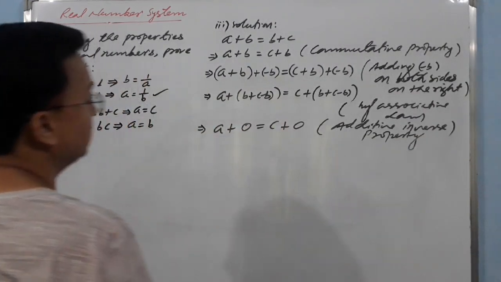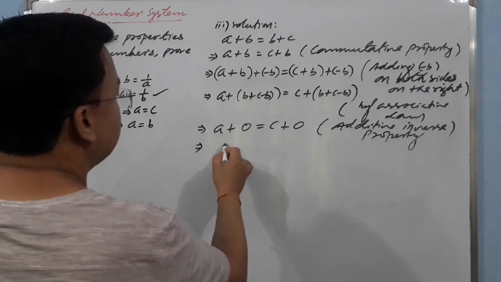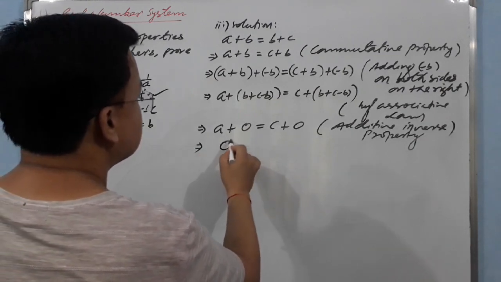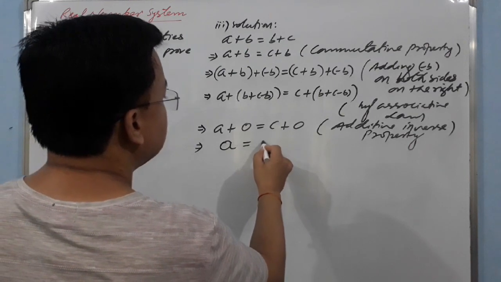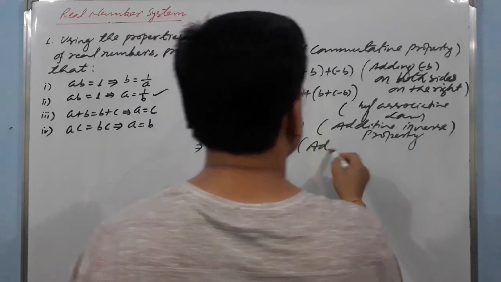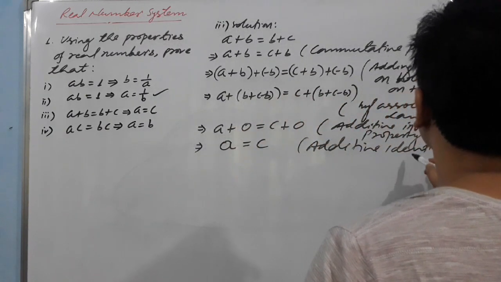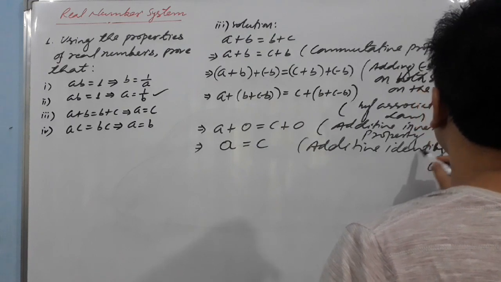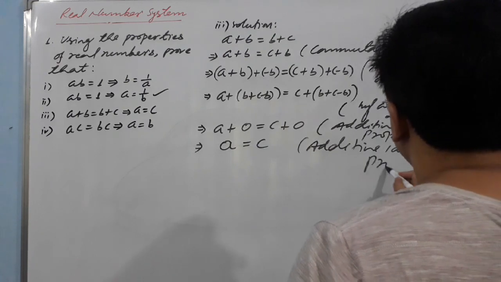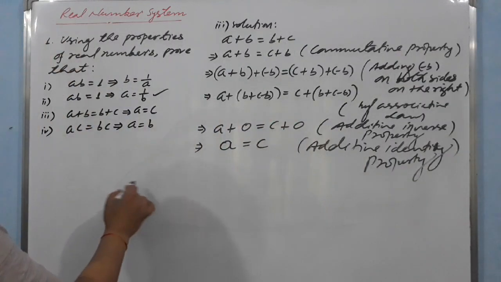Now let's see the next line. It implies a plus 0 is equal to a, which is equal to c plus 0 is equal to c. So this is called your additive identity property. Now what is your identity property?